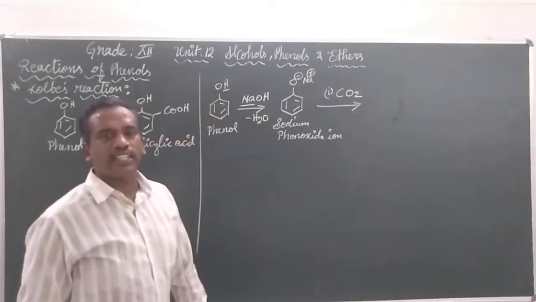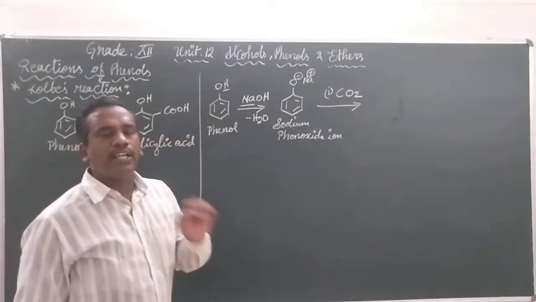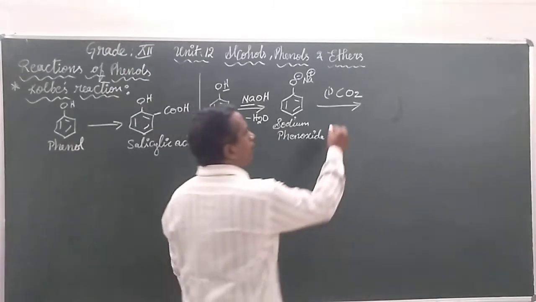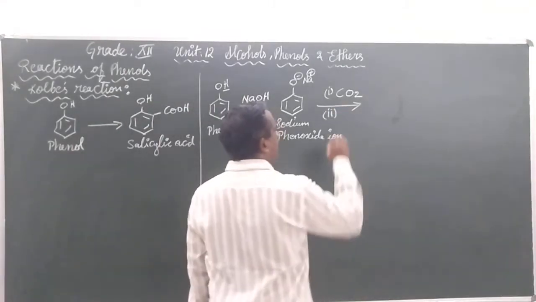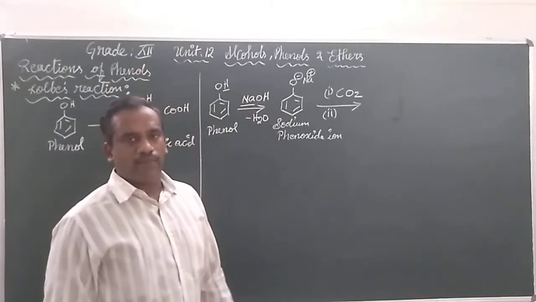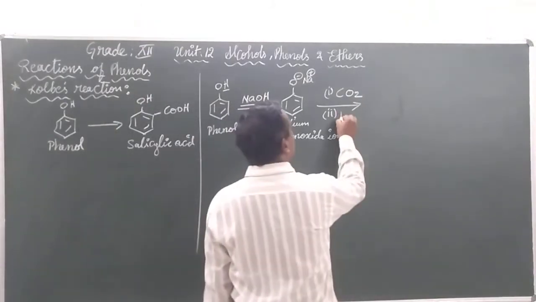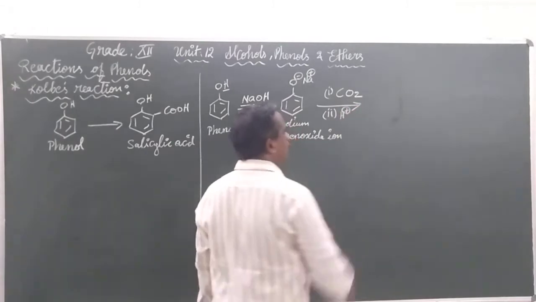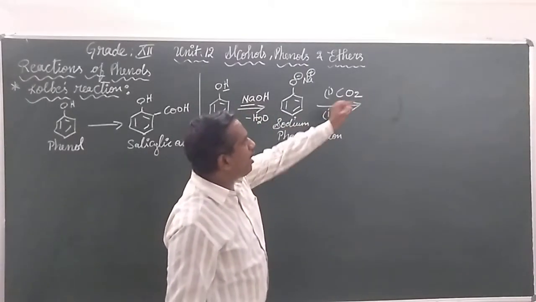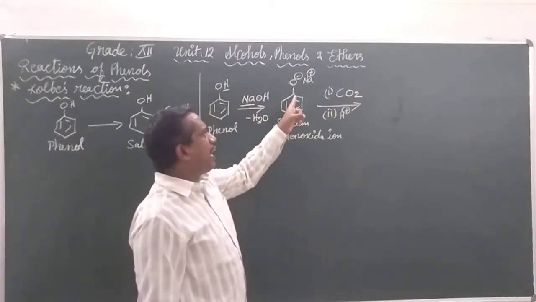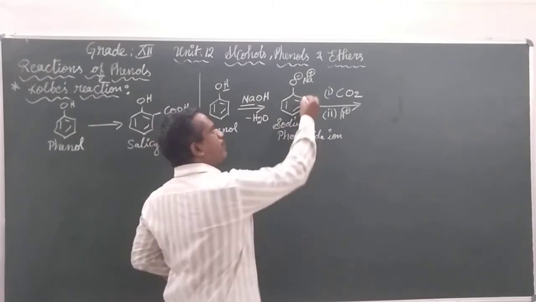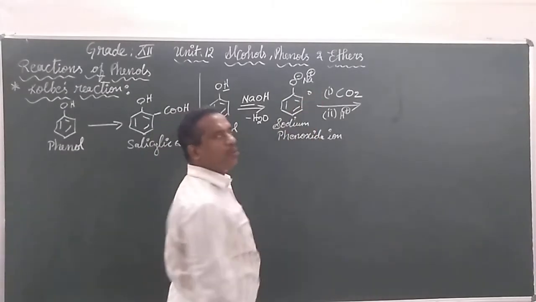One more reagent that we add is carbon dioxide, followed by acidic medium reaction. We use any mineral acid that produces H plus ion, so that the carbon dioxide is added to the sodium phenoxide at its ortho position.